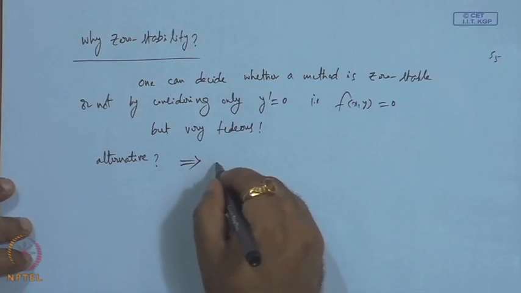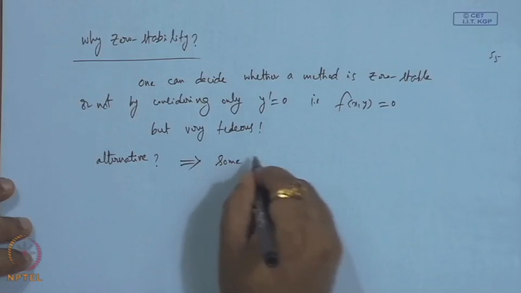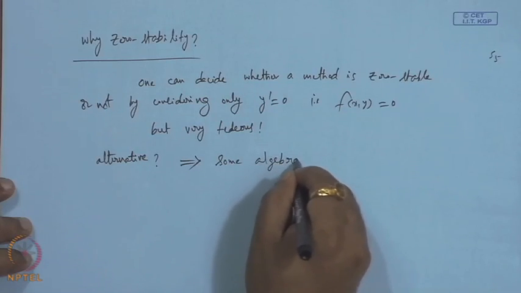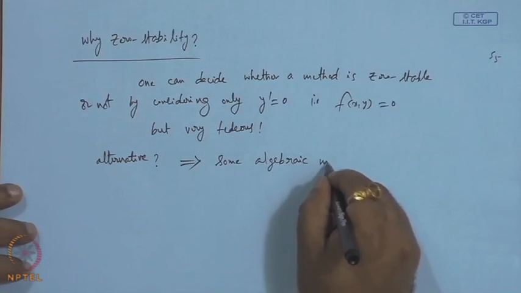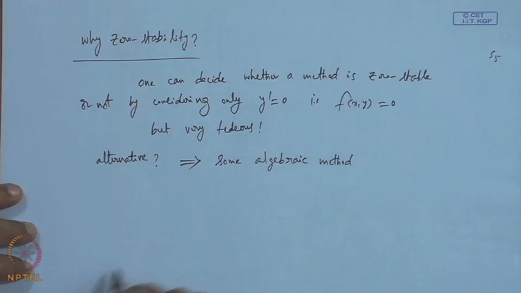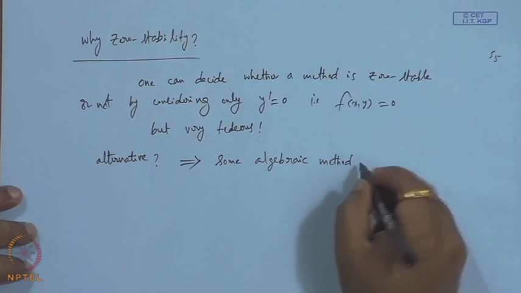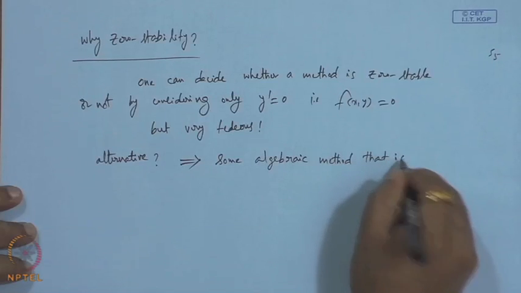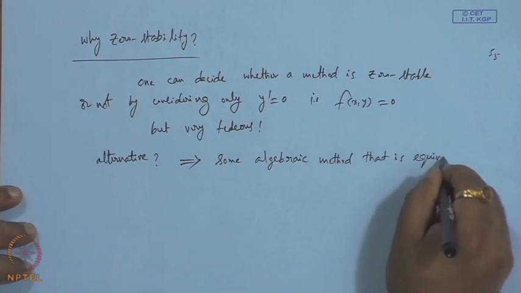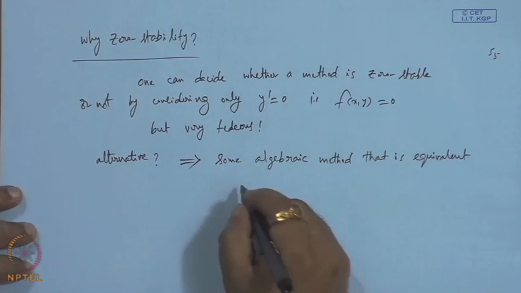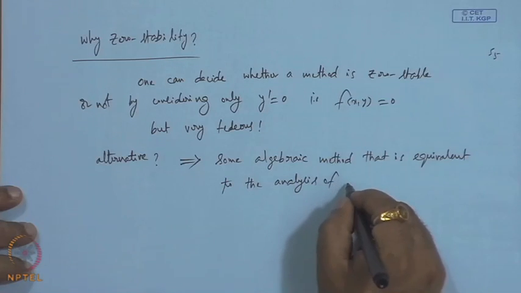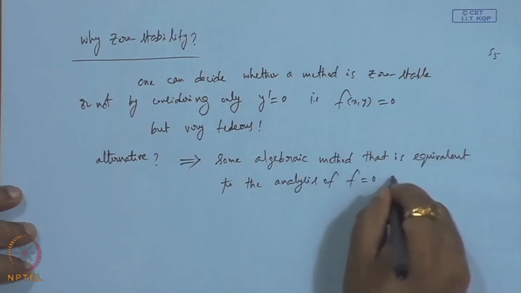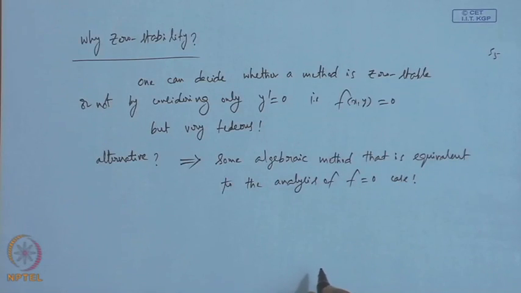The alternative is some algebraic method, which is equivalent to the analysis of the f equals to 0 case.